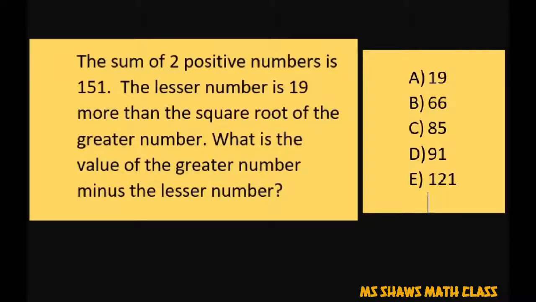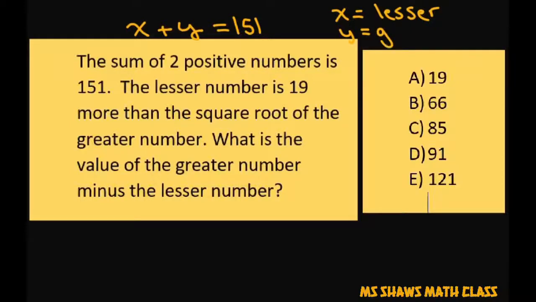So if we can get started here, we have two positive numbers, so let's call them x and y, and we're doing the sum, and that equals 151. The lesser number, so let's let x equal the lesser number, and we'll let y equal the greater number.